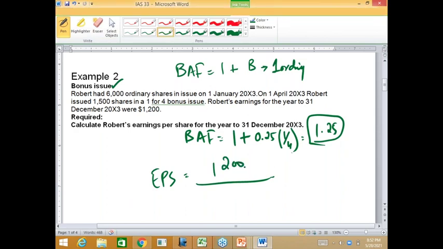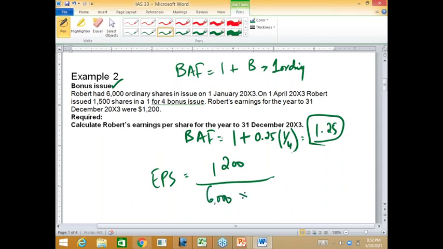1200 will be shown in the numerator as earnings. In the denominator, the company has 6,000 shares, and the bonus was issued on 1st April, so you don't need to multiply it with the time period. You simply need to multiply the shares outstanding with the bonus adjustment factor.